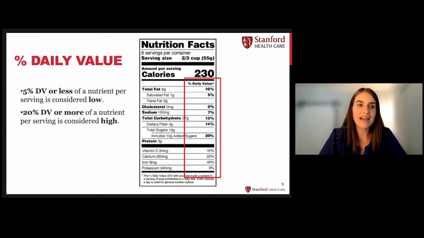A general guide is that something that is 5% or less of a nutrient means that's low, and then something that is 20% daily value or greater means that that nutrient per serving is considered high. More often, we want to choose the percentages that are high in fiber, vitamin D, calcium, iron, and potassium. More often, we want to choose foods that are lower in saturated fat, sodium, and added sugars.